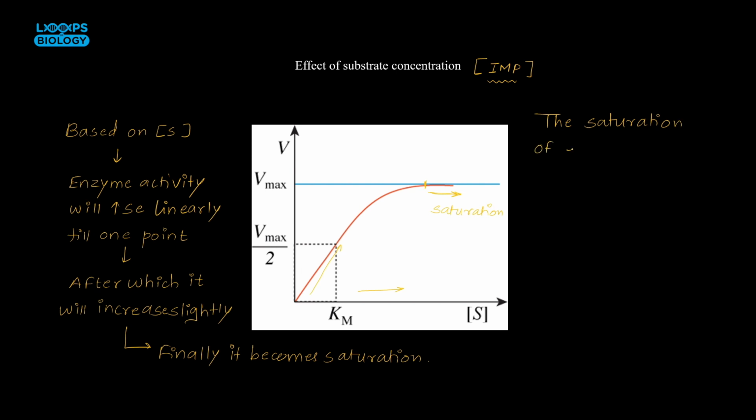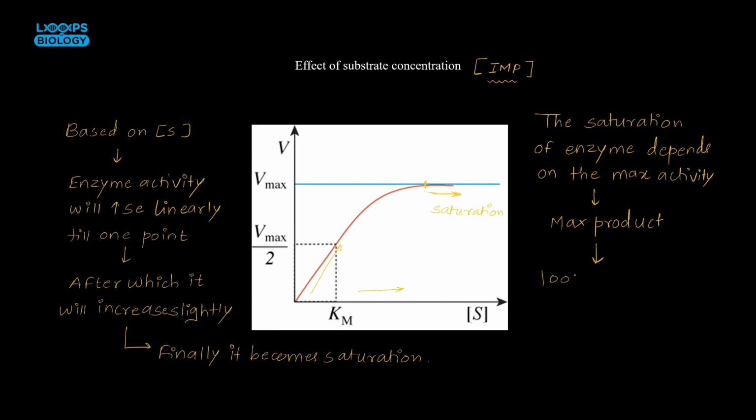So that's why the saturation of enzyme depends on the maximum activity, that is nothing but your maximum product, and that means 100% of the enzymes should be in a working stage.